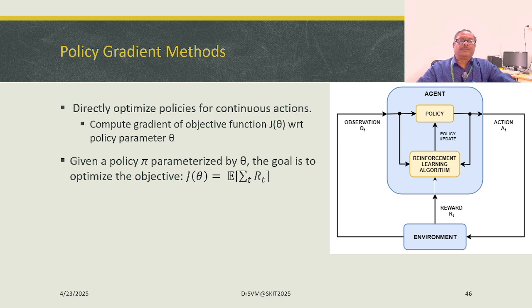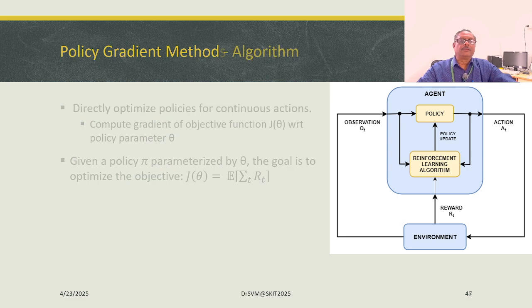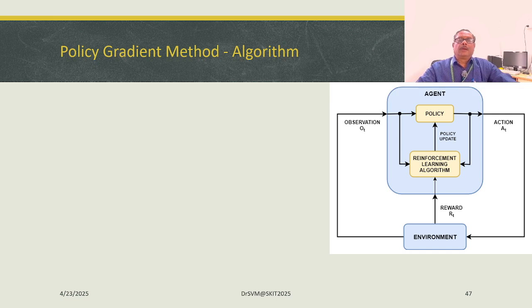So J of theta is our objective function, which is a cumulative reward. We would like to make sure to have the highest reward possible from now onwards till we end the game.